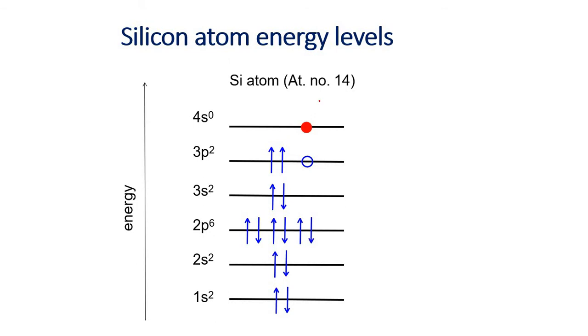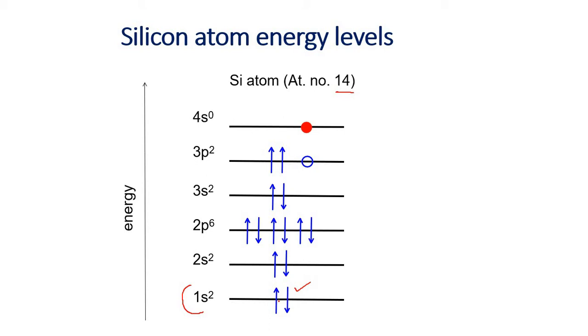Silicon has atomic number 14. This is the orbital configuration, so 1s2. How many electrons can reside in the s orbital? 2 only, with different spin. That also means, on this energy axis, they have very little difference in energy, because from the Pauli exclusion principle, no two electrons have the same position and momentum.